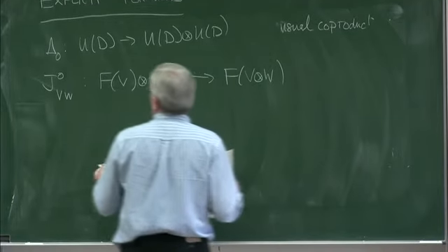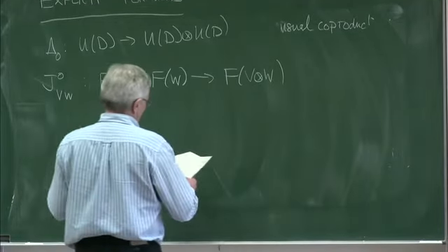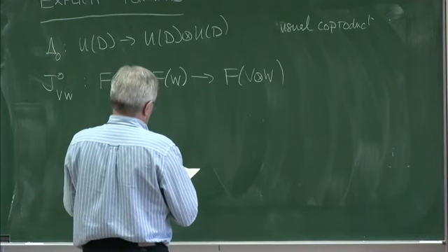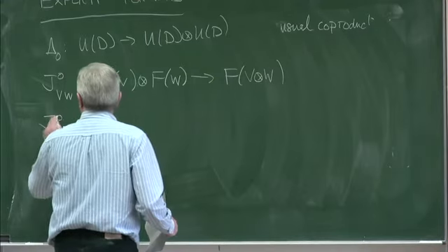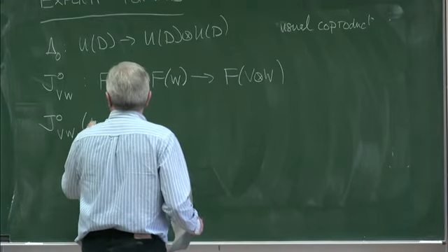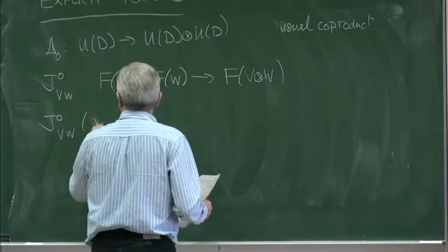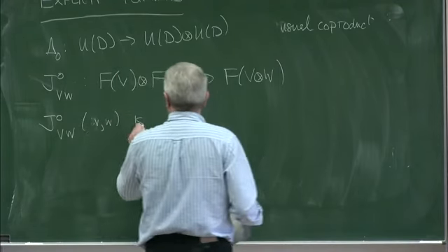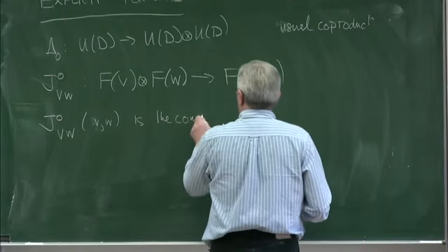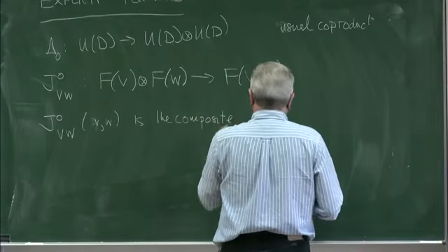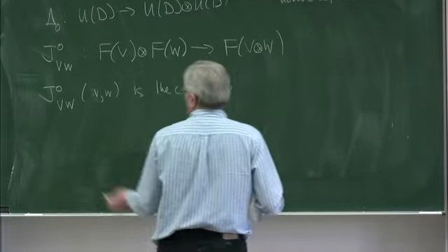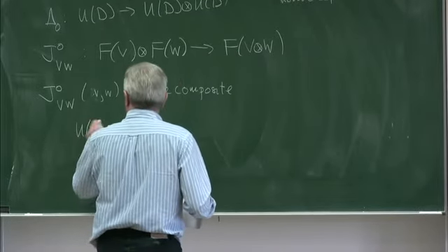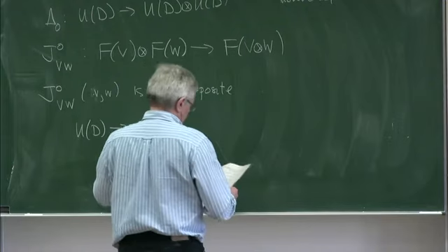This J0 of V, W is the composite of U of D, unperturbed.